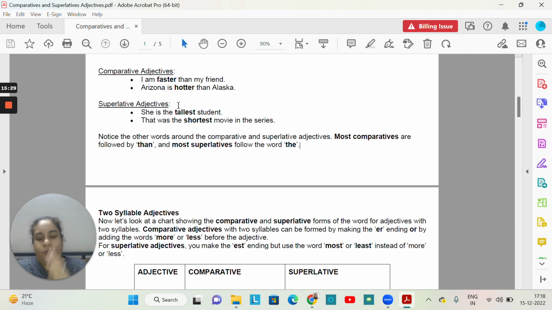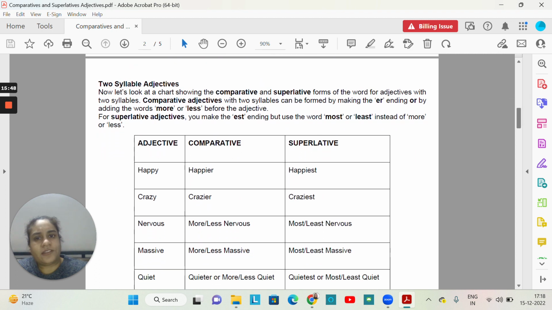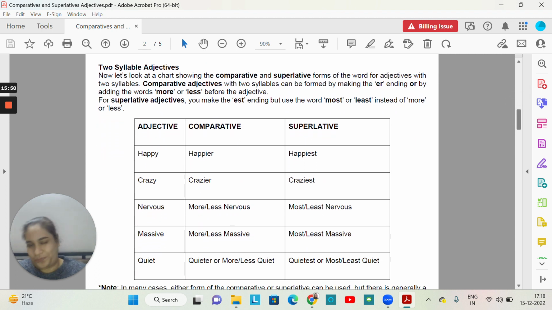A superlative adjective will always be preceded by the, and a comparative adjective will always be followed by than. Please, guys, note this. Remember this. It's not difficult. Just a little practice and you're good to go.